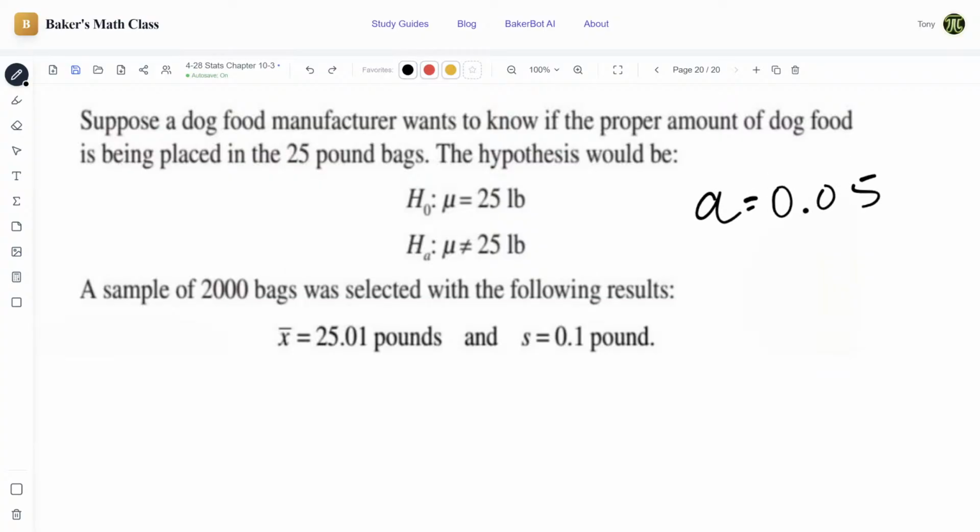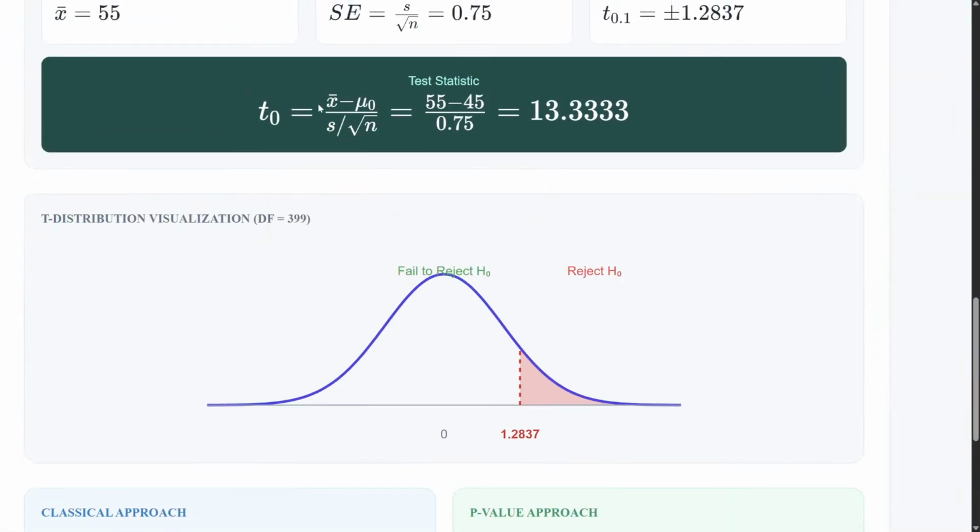Okay, let's do 0.5. Correct. And most problems are going to give it to you, but yes, you can technically choose at that point. All right, let's see what happens with this one.